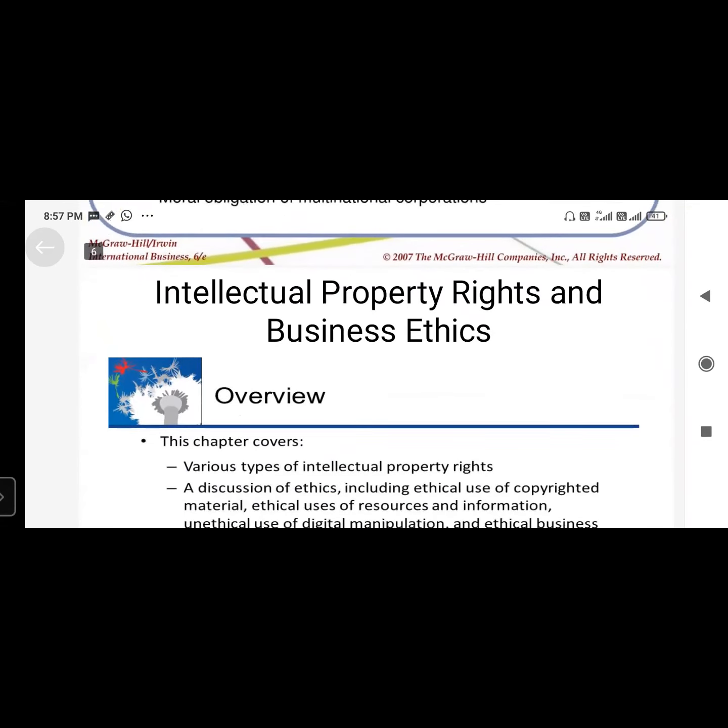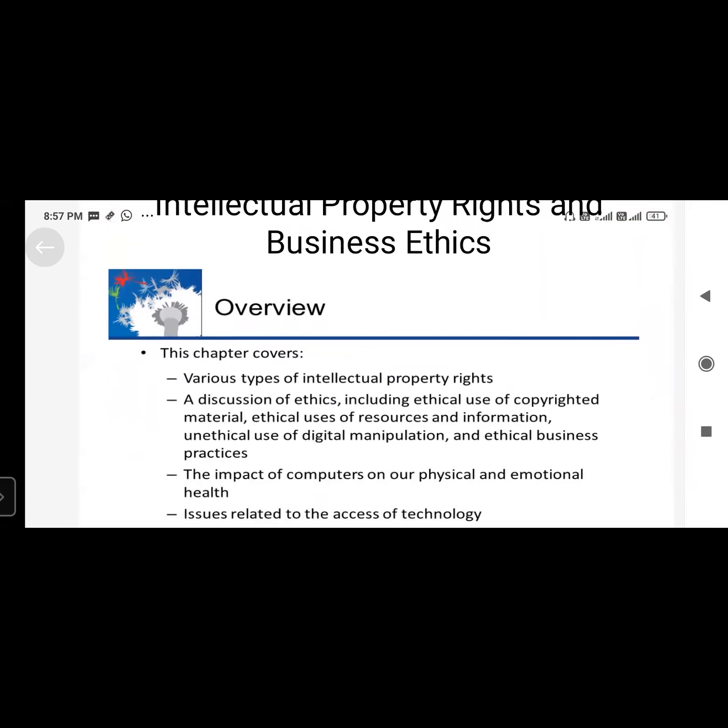Next is intellectual property and business ethics that we will discuss in tomorrow's session. In tomorrow's session, we will also try to discuss the case of Kingfisher Airlines related to business ethics. So come prepared tomorrow with the case of Kingfisher Airlines.